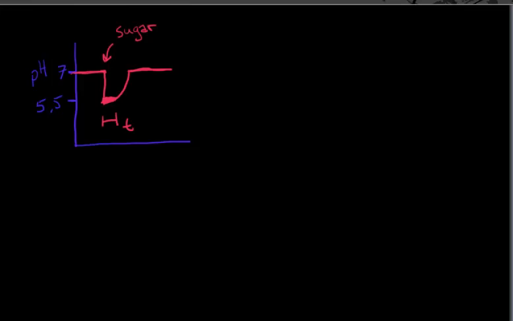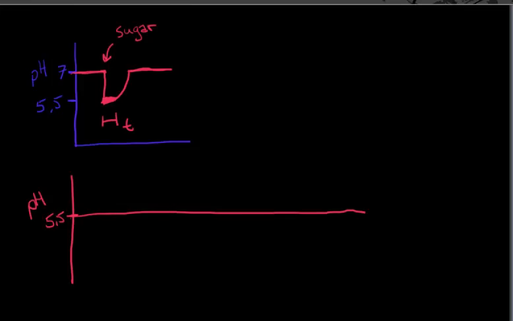So if we take this graph and change it a little bit, and let's make a couple of these, this is pH, and let's label 1, and we'll label it as 5.5. I'm just going to put a line across here, and we're going to think of this as just time.